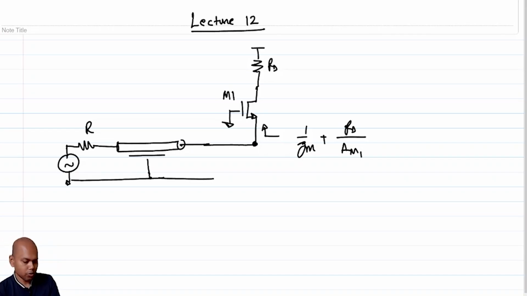All we have to do is to ensure that this is equal to R, then we have a match. Given that this is only a small signal representation, the next thing is to put the bells and whistles around it and ensure that the transistor is actually biased properly. So let's go ahead with the biasing scheme.